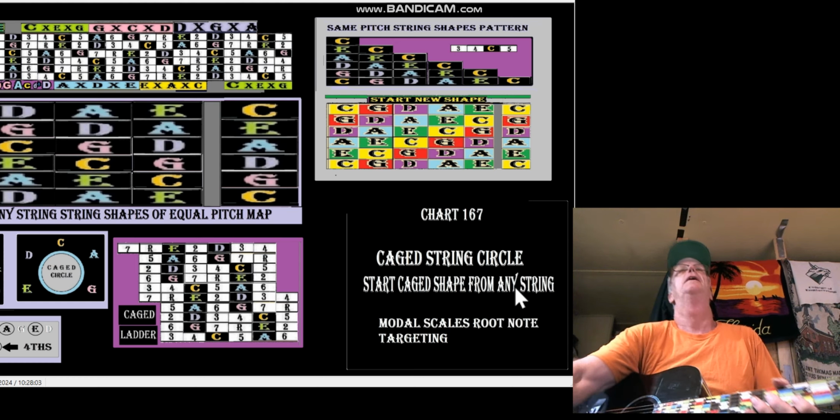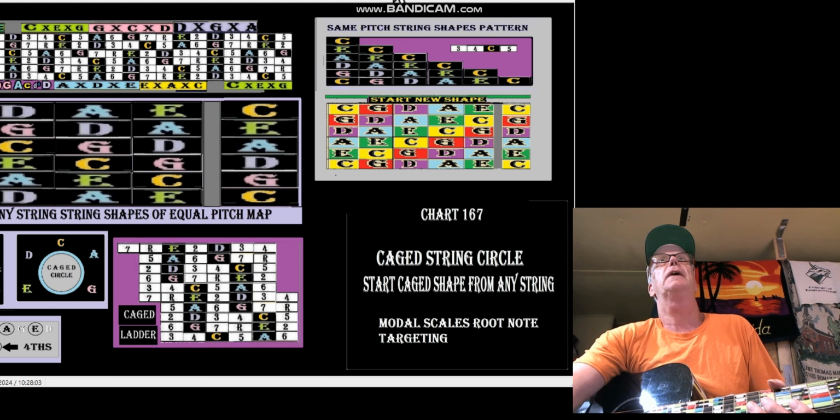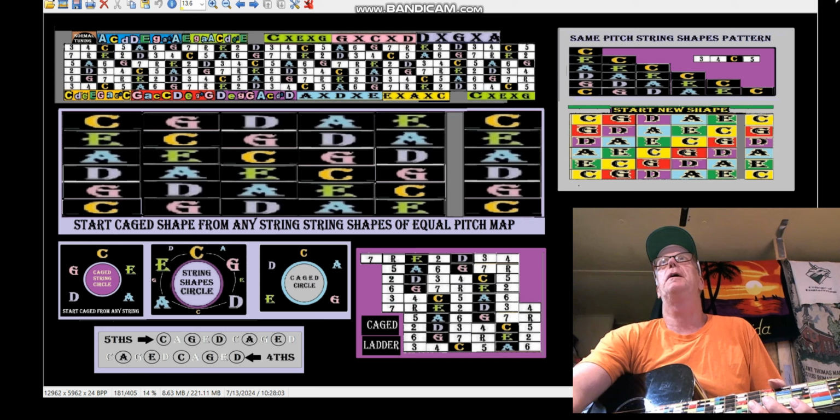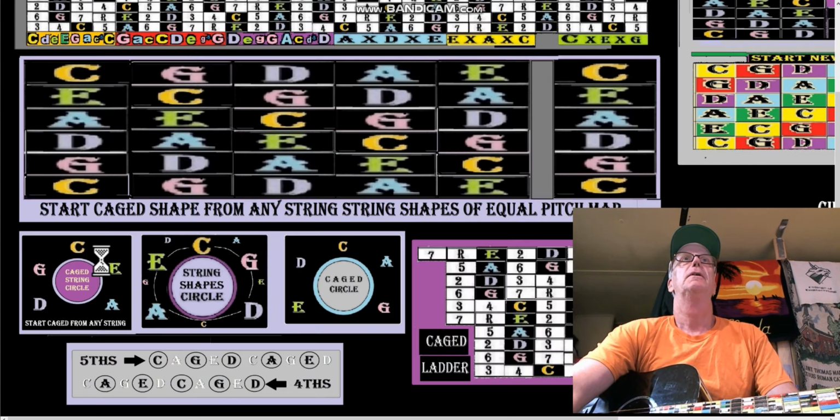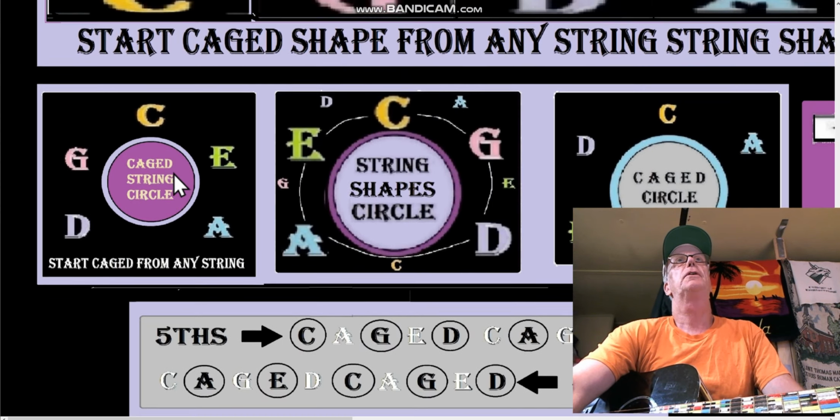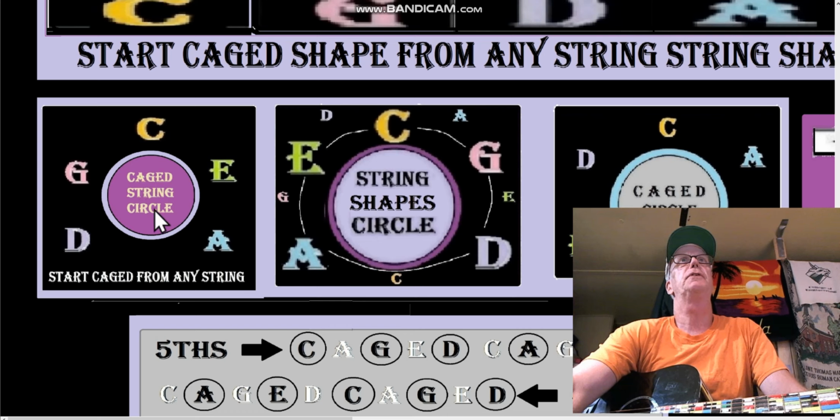Today's lecture is about what shape that becomes and how we can predict that. What it should be is a G shape will go forward to a C shape right here. This is the new circle we're talking about, the cage string circle.